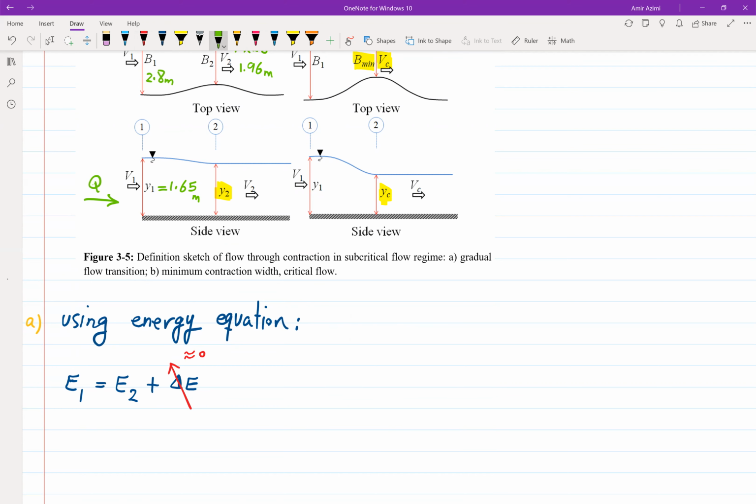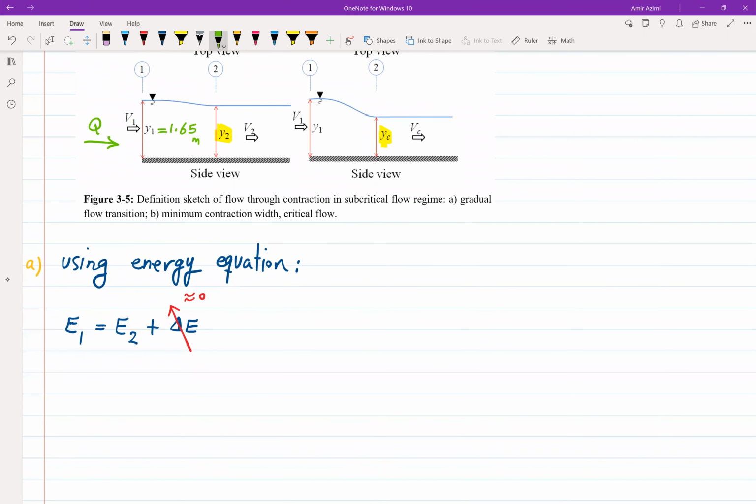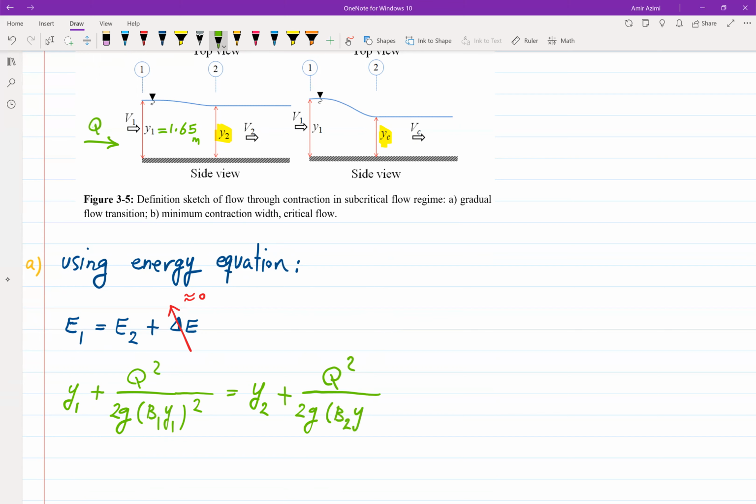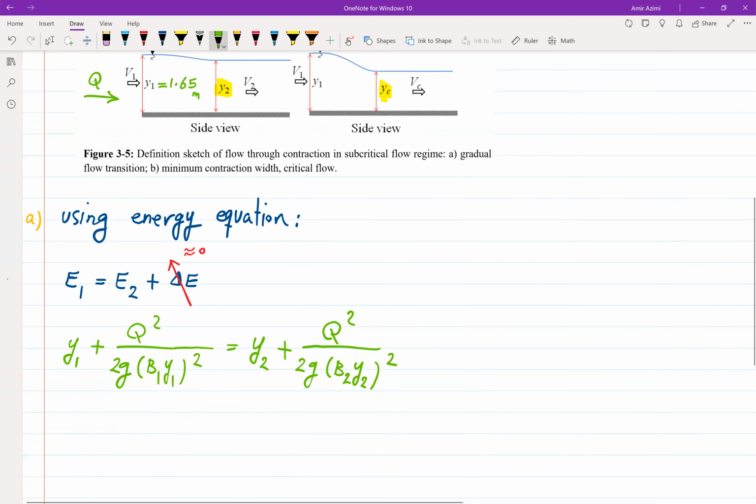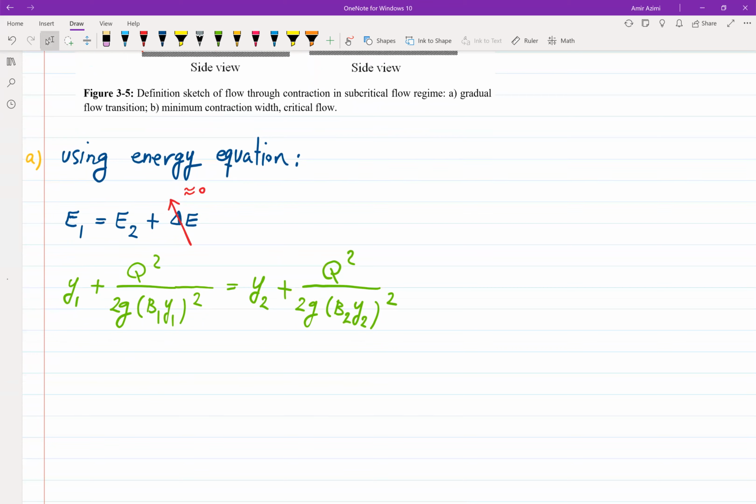And we know that E1 is equal to Y1 plus Q squared divided by 2g A squared, which is V1 Y1 squared, which is equal to Y2 plus Q squared divided by 2g times B2 Y2 squared. So this is one equation, one unknown, because Y1, B1, B2, and Q are known.